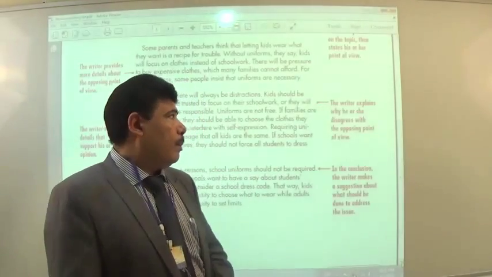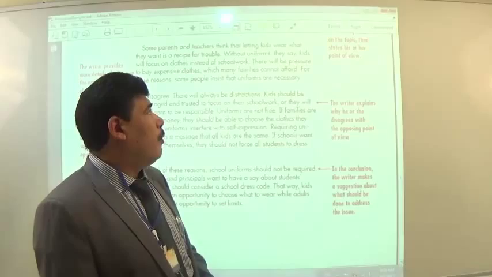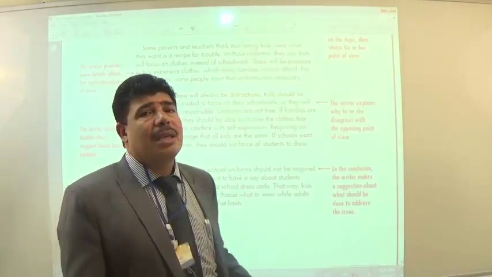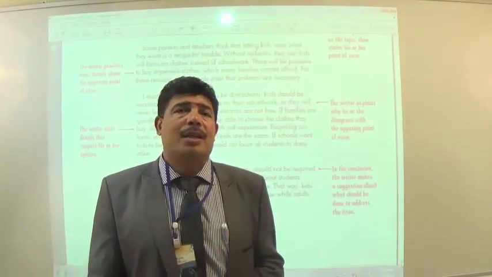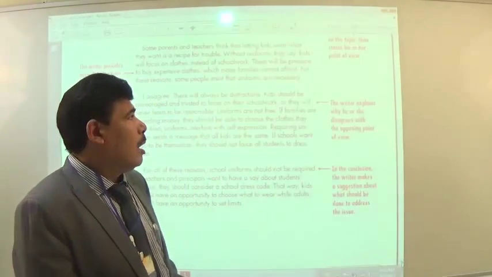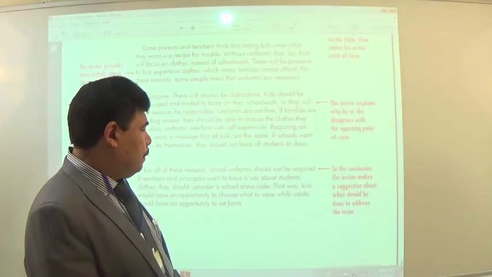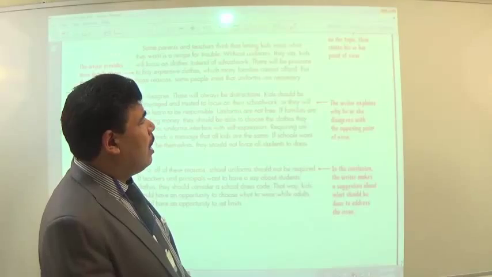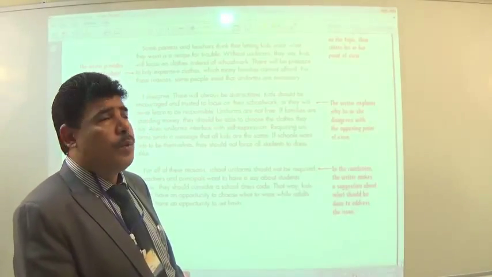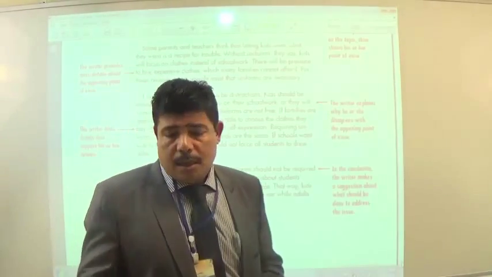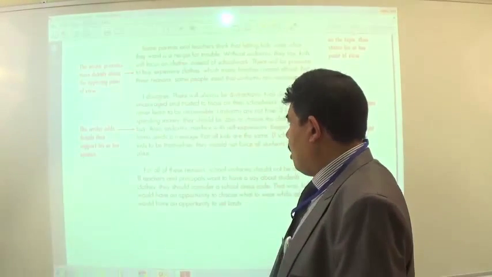Now, if we look closely at this passage, he is trying to persuade us that uniform is not a good thing to have, and he uses many techniques that we have already used in our lesson today.